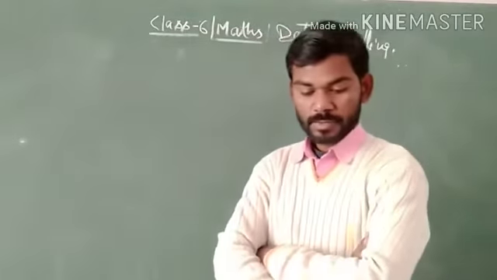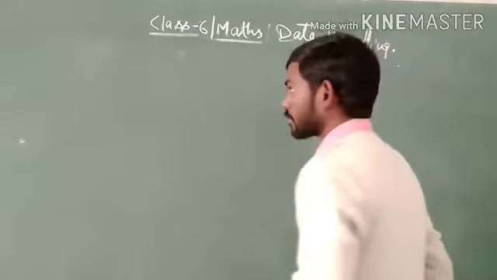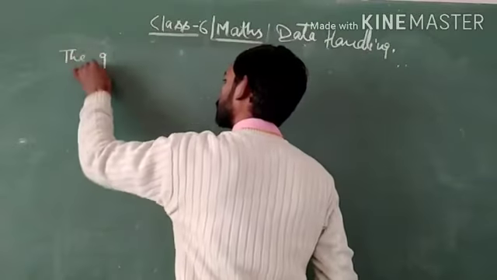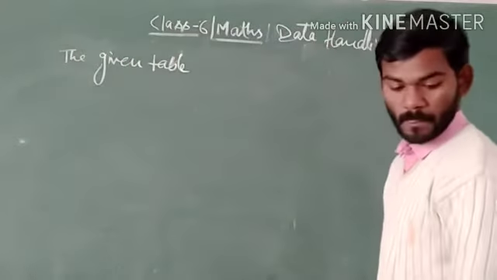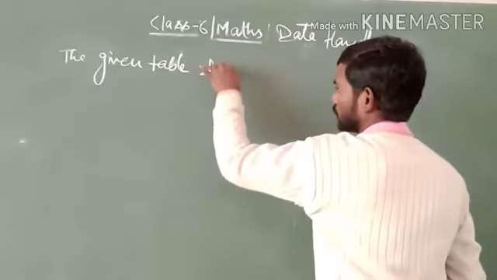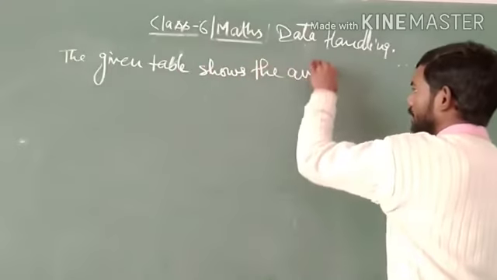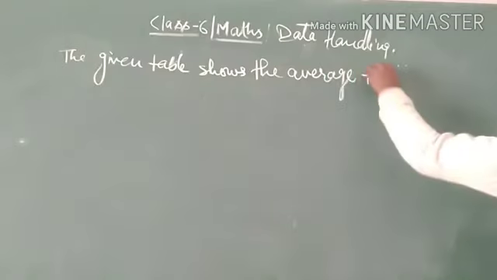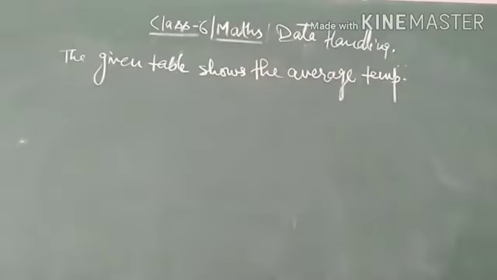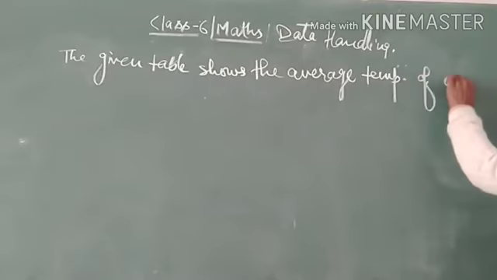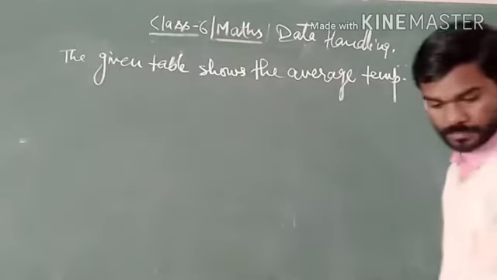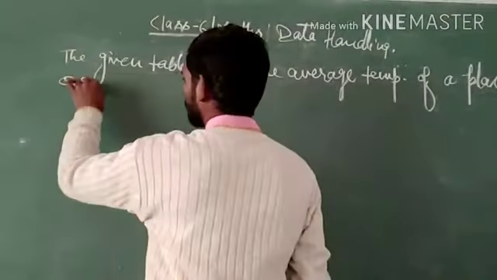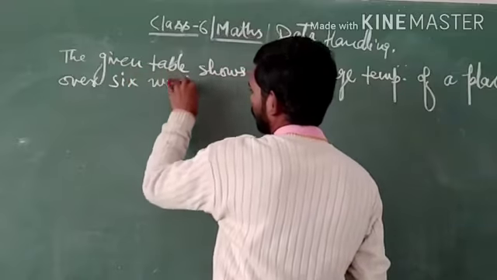Okay. So the first question is, the given table shows the average temperature of a place over 6 weeks.